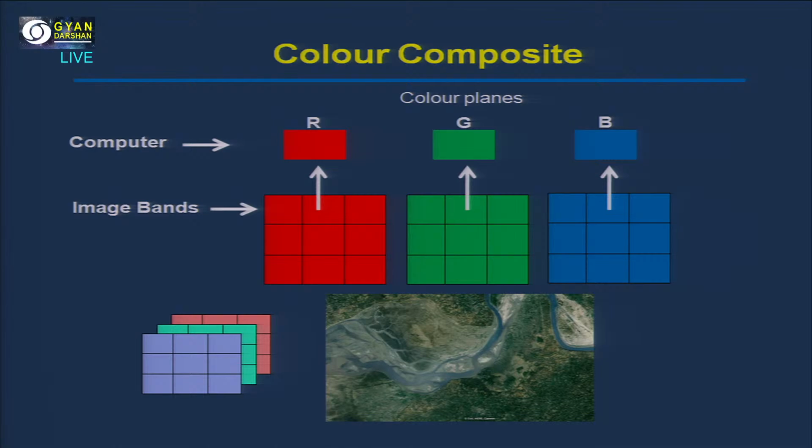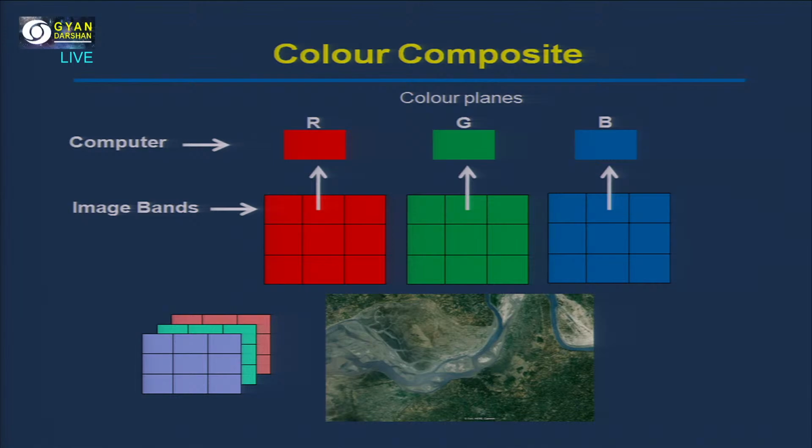Although satellite data may have n number of bands, at a time we can visualize only 3 bands. So any of those bands need to be placed in these color planes of the computer monitor, and accordingly those bands are visualized.